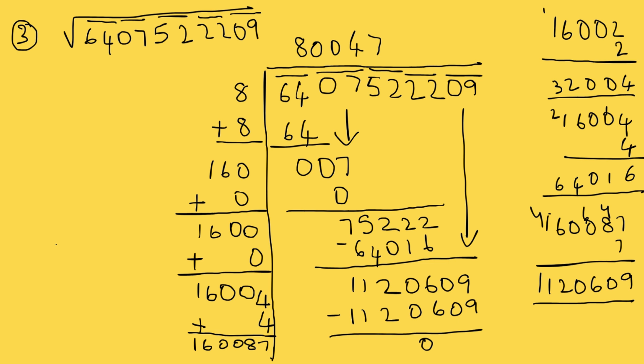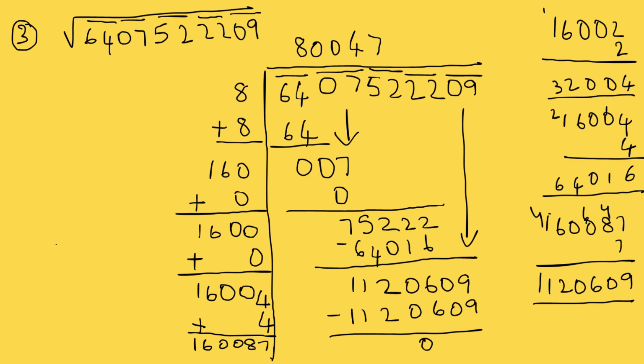Now we will bring down the last period, that is 09, and we have to put a number next to 16,008, which on multiplying the units digit by itself will give you a number less than or equal to 11,20,609. So we will check what digit is to be put next to 16,008.